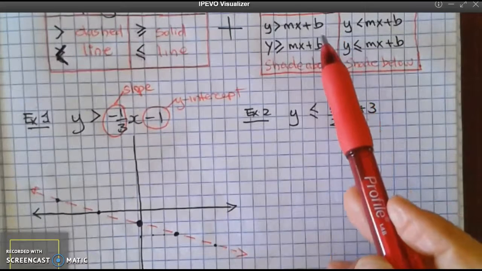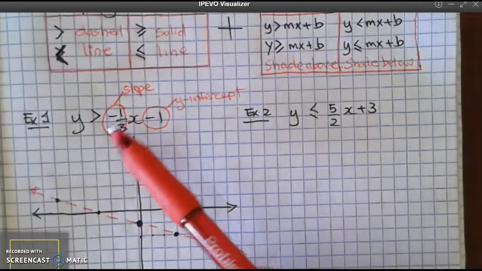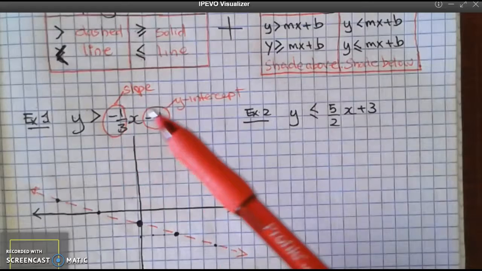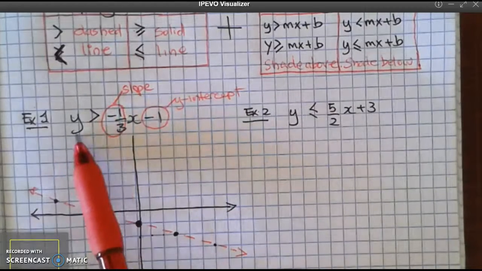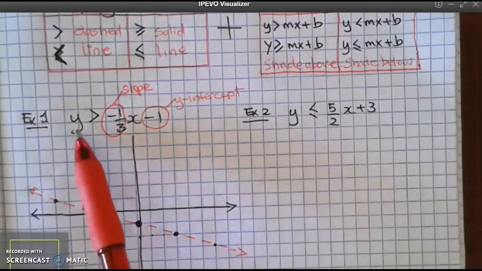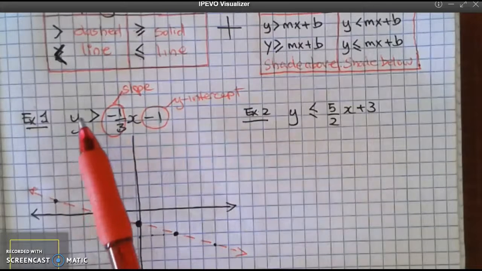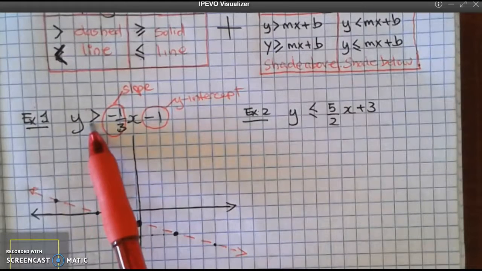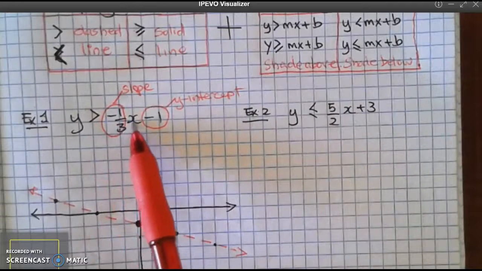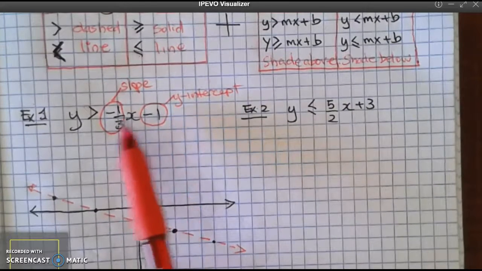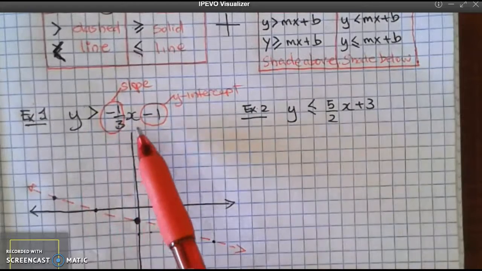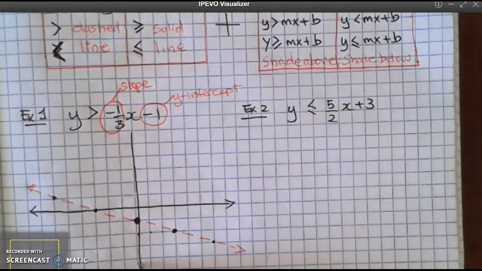Am I going to shade above or below? Let's think about it logically. The first thing you should do is try to read this out loud. When we read it, it says y is greater than negative 1/3 x minus 1. That's what the inequality is read as. So y is greater than. y is the vertical values.